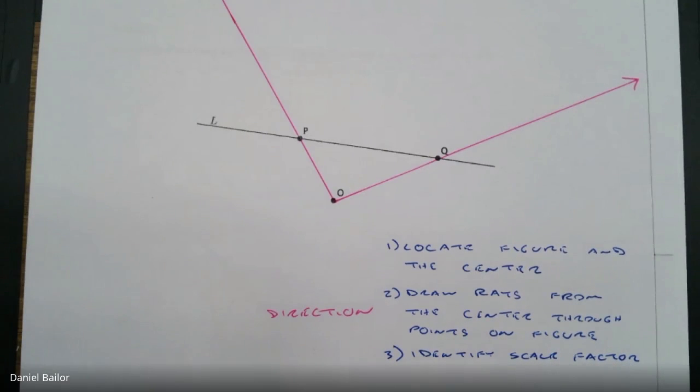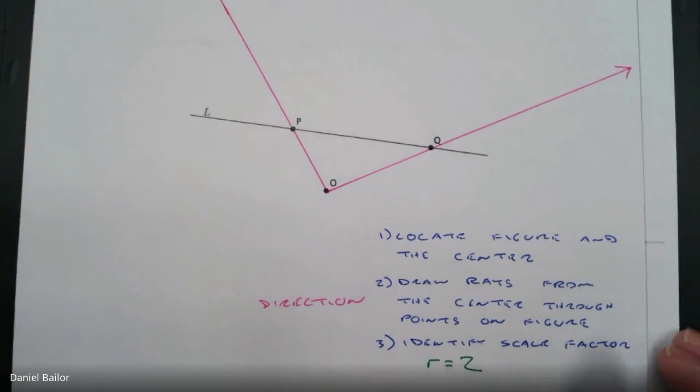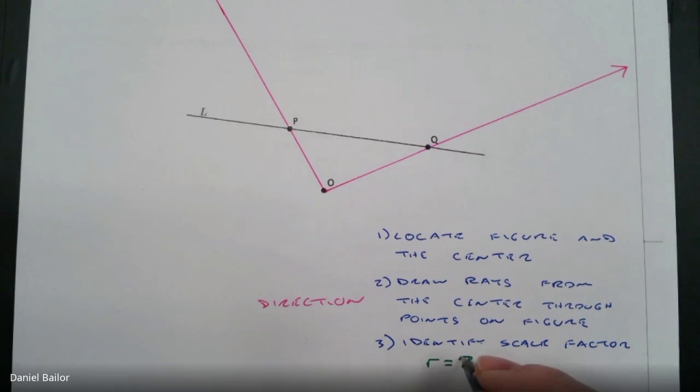Now, for this one, the question did not give us a scale factor, so I'm just going to pick one. I'm going to say R equals 2. 2 is an easy number to multiply by, so I'm going to say the scale factor is R equals 2.